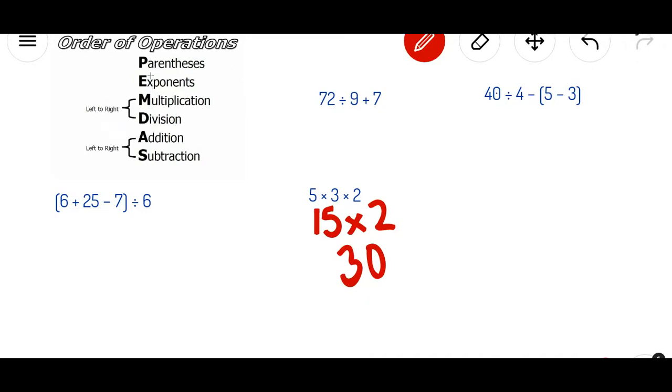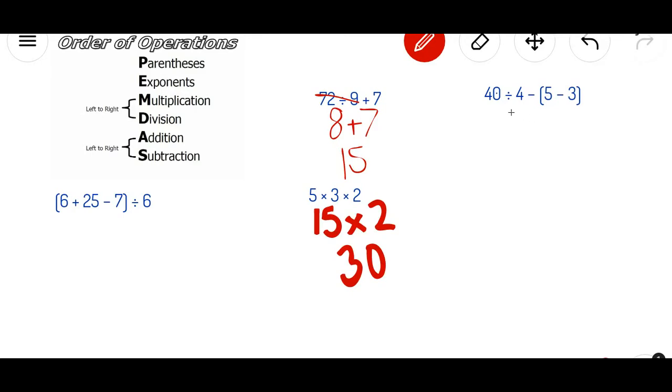The first thing you would do is the division since it comes before the addition. So you would do 72 divided by 9, which is 8. Like I said, once you solve this portion, you bring down the rest of the equation, so you would add 7. Then once you add 8 and 7, you'll get 15 as your answer.